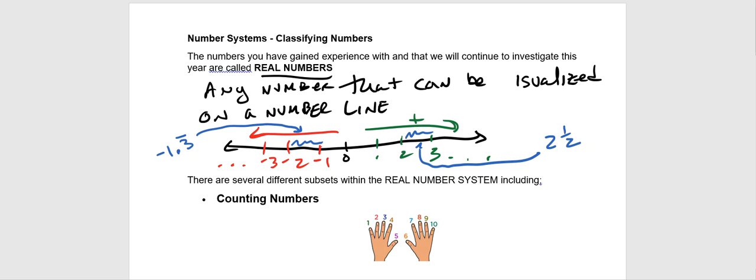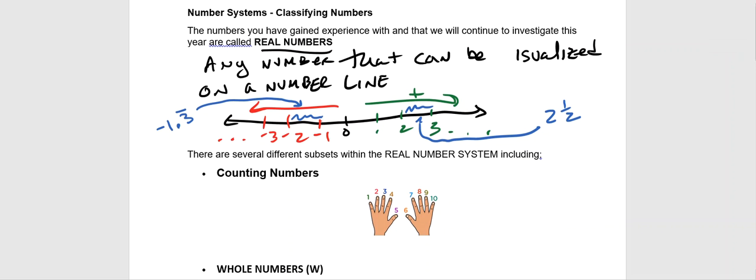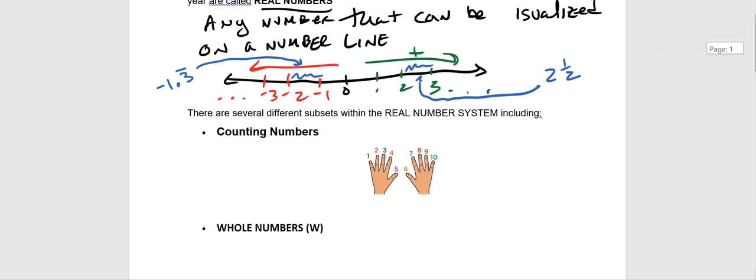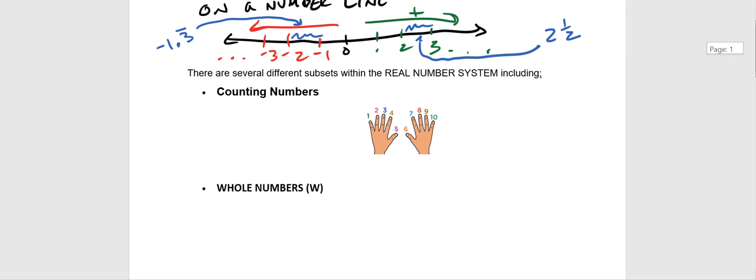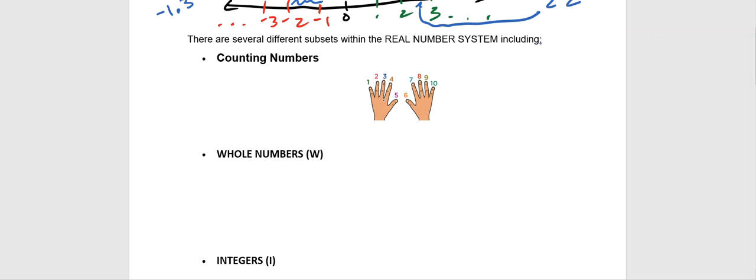So from here, where we go is we begin to say, okay, well, if there's all these different types of numbers, and by the way, there's an infinite amount of numbers we can visualize on the number line, then how do we begin to classify them? Well, the very basic classification of numbers is simply called counting numbers. And I like to think of counting numbers as the numbers that we can visually count on our fingers, obviously going on infinitely.